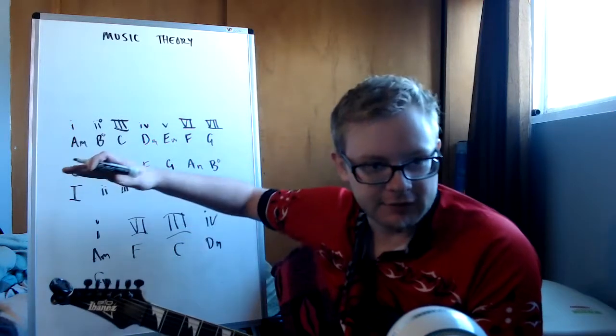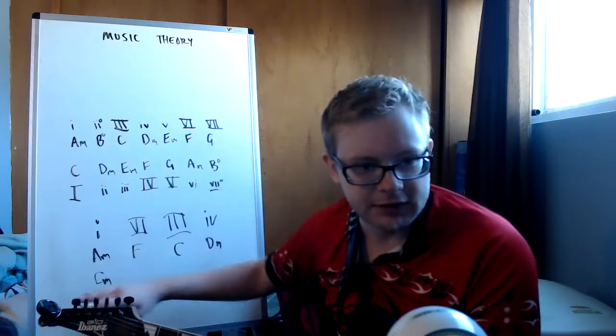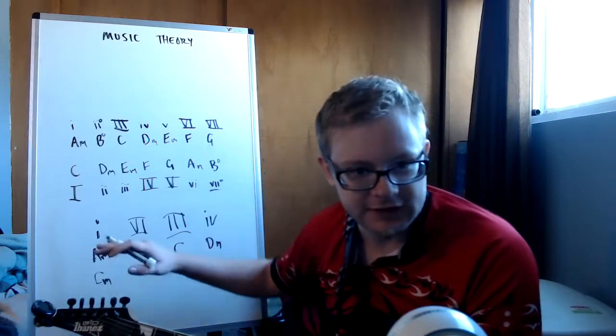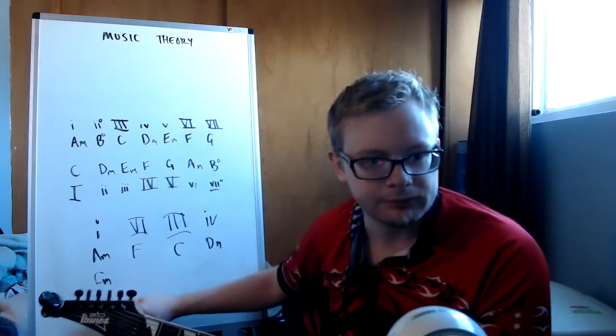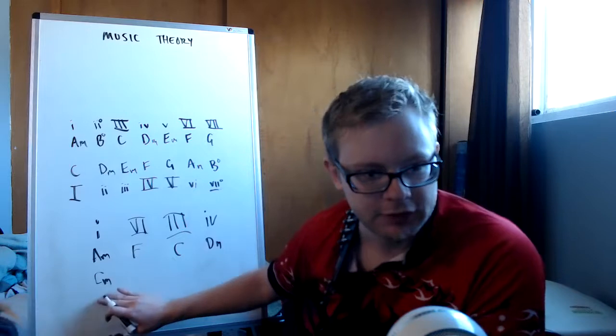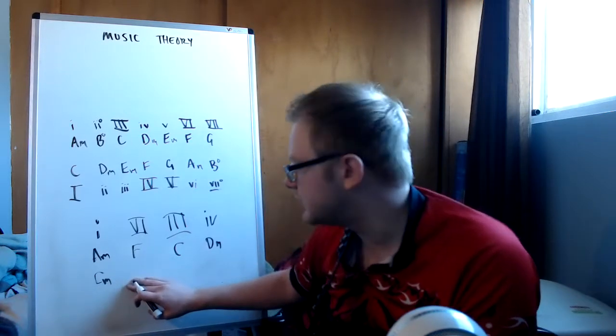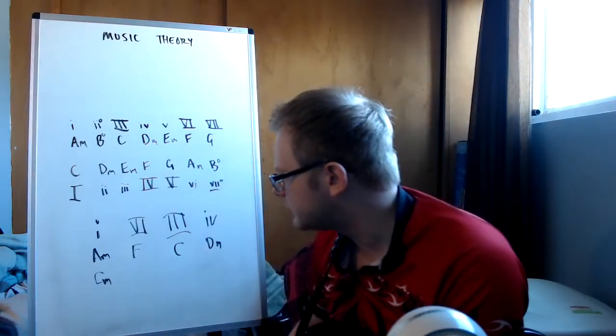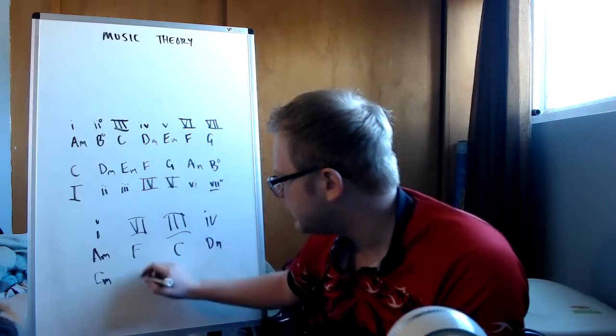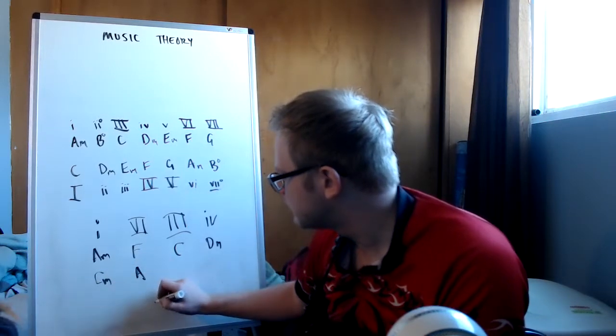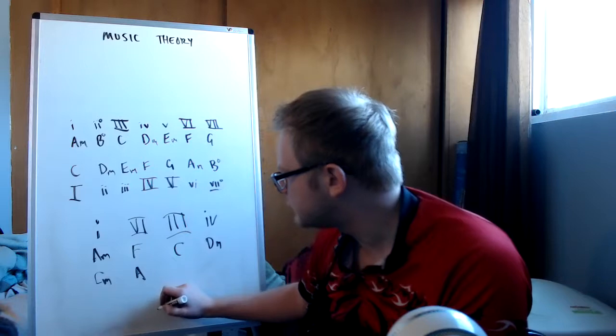Just because I'm in the key of A minor, that doesn't mean anything. If I go to the next key, it's still the exact same thing that we're playing, but it's just with different chords. So C minor, here we play the 6 of C minor is going to be A, I think it's just A major.